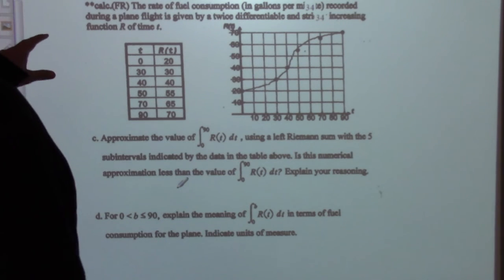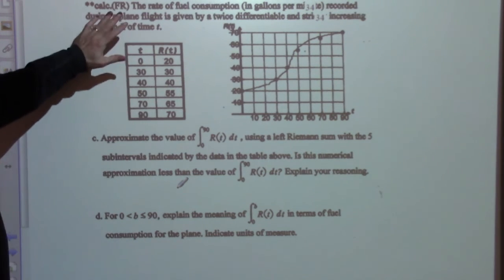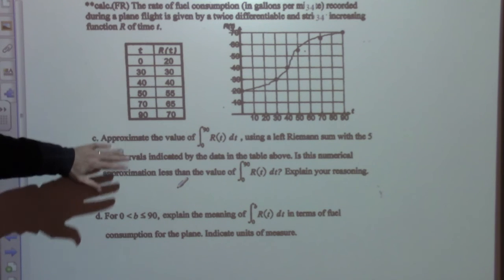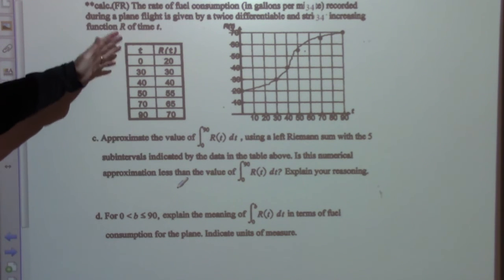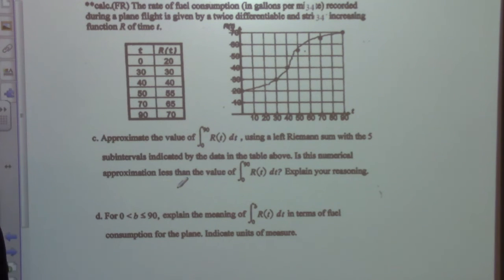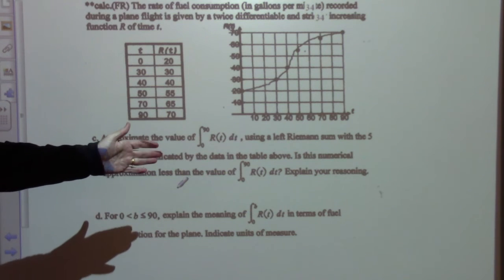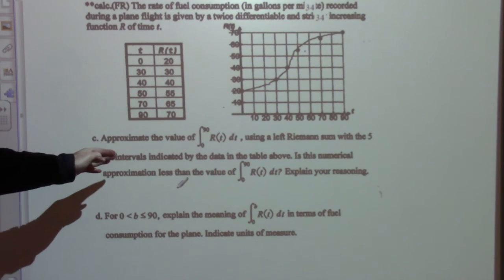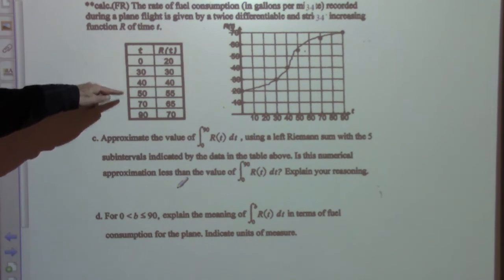Look at the table. Why are we not using equal width rectangles? Because we don't have that. The data is not supporting equal width rectangles, right? So we approximate the values with the 5 subintervals above.